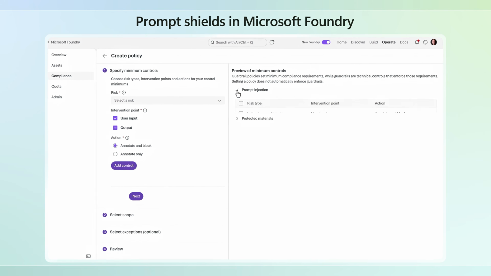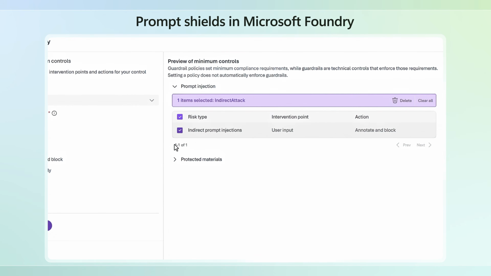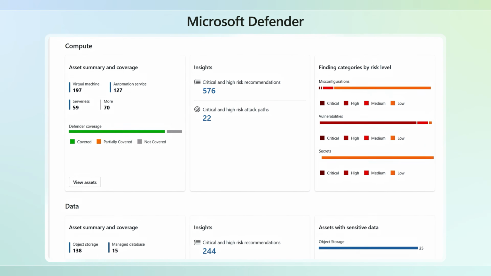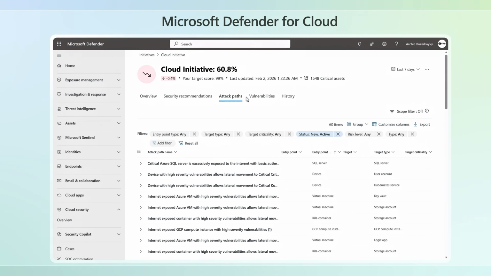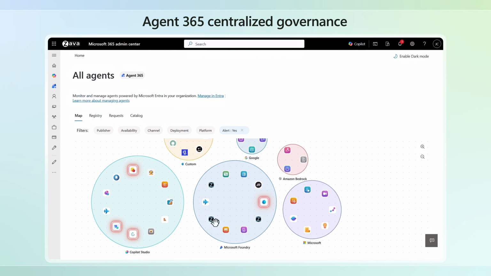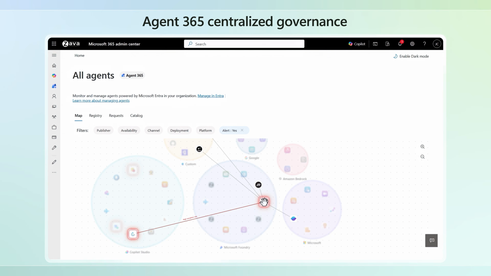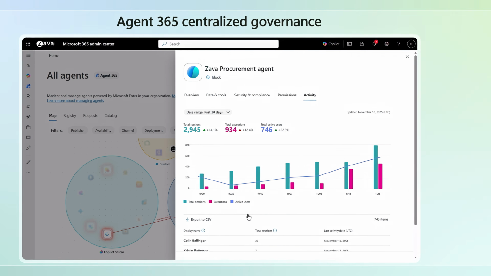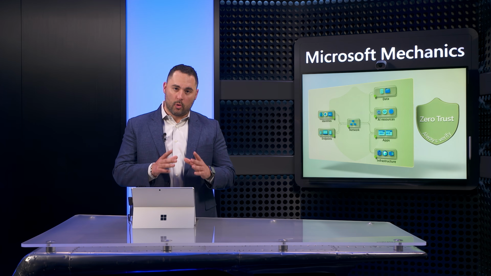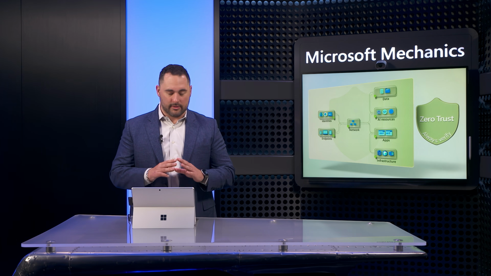By assessing prompts and outputs with Microsoft Foundry's prompt shields and runtime protections, securing compute environments like GPU-enabled virtual machines used for AI with isolation and compliance controls using Microsoft Defender for Cloud, and continuously monitoring agent behavior for anomalies and assigning risk scores with Agent 365 for centralized governance. Together, capabilities like these and more create a layered defense, so your AI resources remain secure across the lifecycle.